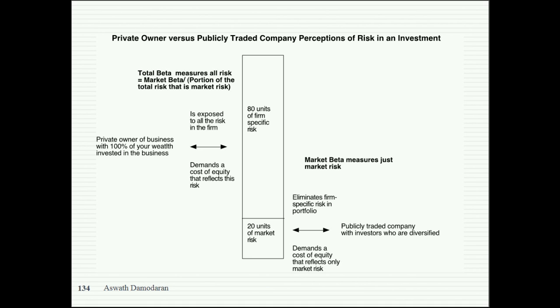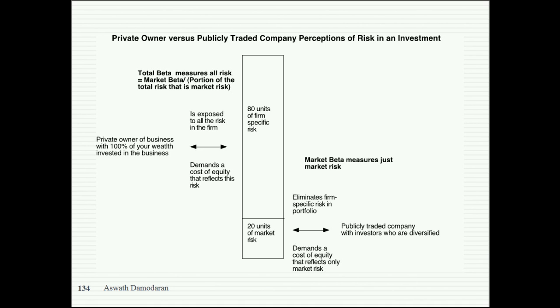My job is to bring into your discount rate the rest of the risk. So what is that going to do? Instead of using a beta of 1.18, I should be using a beta that's much higher to capture the rest of the risk. And your cost of equity is therefore going to be much higher than a diversified investor would demand in this company. The question then becomes, how do you come up with that adjustment to your beta?